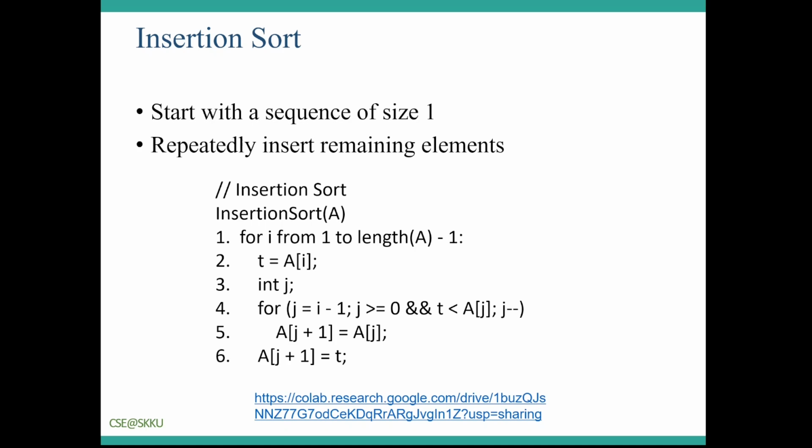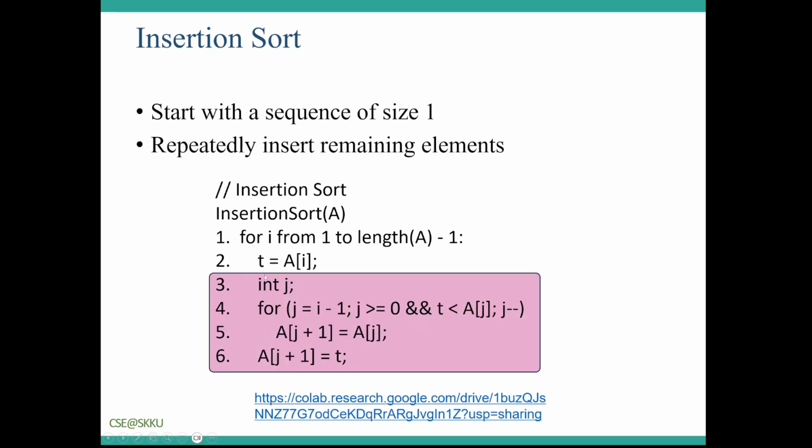So we can begin with this single element, which is already sorted by itself. Then we go through the rest of the elements one by one and insert each into the correct position in the sorted part of the array A.